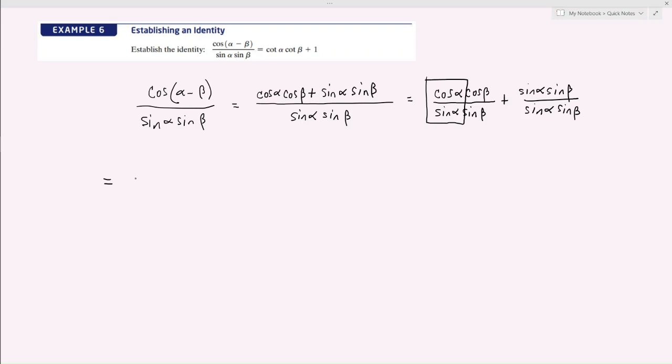So we're after the cotangent of alpha. And then the exact same thing is happening here with beta. They're multiplied together, so we're going to take that times the cotangent of beta. And then this is plus 1.